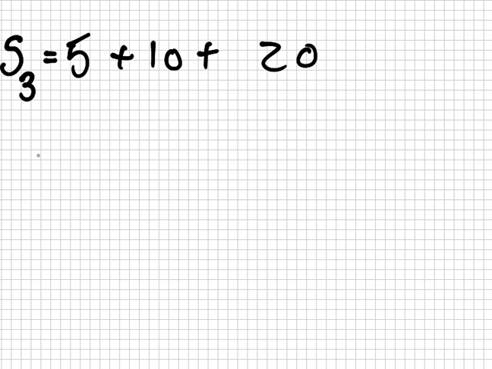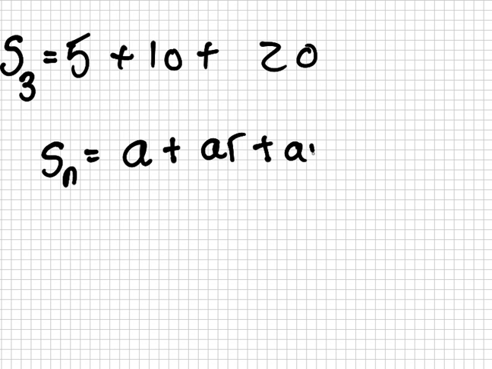So, just like the proof for the previous lesson, we start off by saying Sn equals A plus A r plus, what's next? A r squared. And what is the last term? A r to the n minus 1.